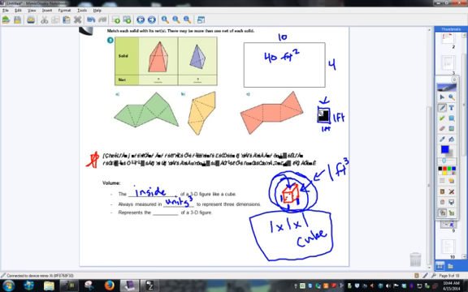Whereas with area, we were only talking about 1 dimension by a second dimension. Those are 2D. Volume represents the amount of space of a 3D figure. How much space something takes up.